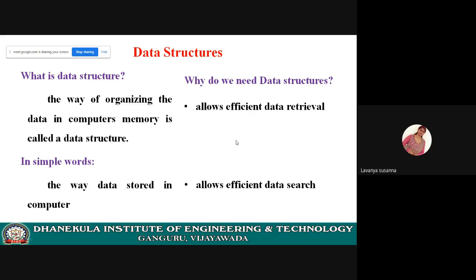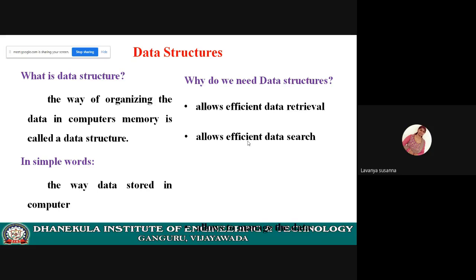Next, it allows efficient data search. If you want to search, the data must be stored in computer's memory in a particular format. So how is it possible? By using these data structures. These data structures will help you to retrieve the data efficiently and also to search the data efficiently.